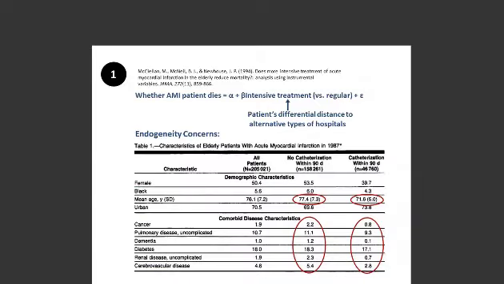So the paper uses this table 1 to highlight the endogeneity concerns that we just talked about. They split up their sample into people that did not undergo catheterization over here and people that did undergo catheterization within 90 days of an AMI over here.